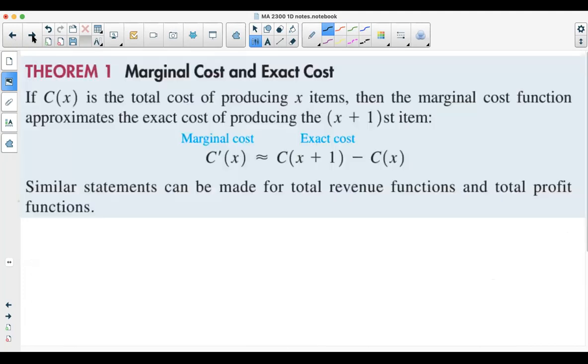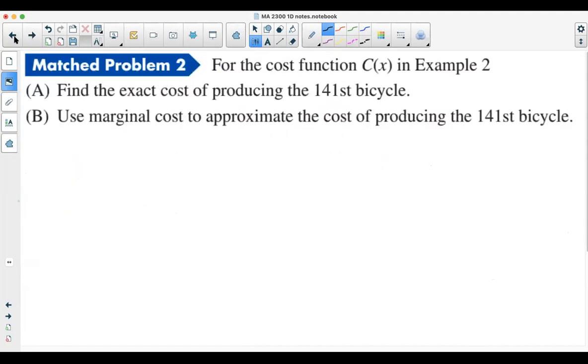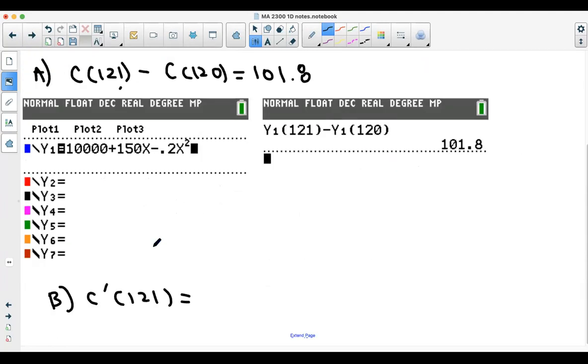I mean, C prime of, not 121, sorry, C prime of 120, because 120 is the production level I'm at right now. What would be the next one? So C prime of 120.